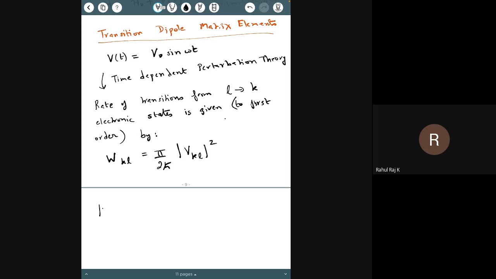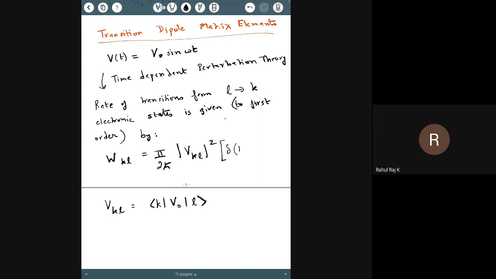So that is basically K V0 L, this mod square, into the fact that the frequency of the light must match the energy difference of these two states.